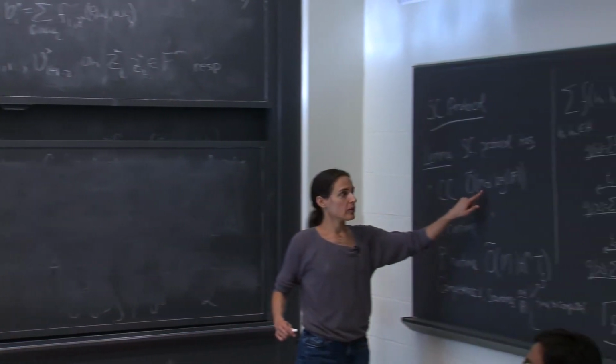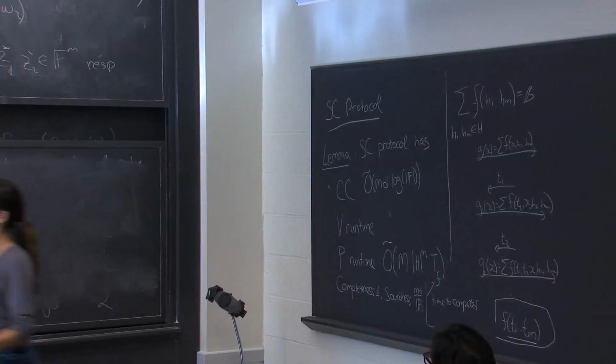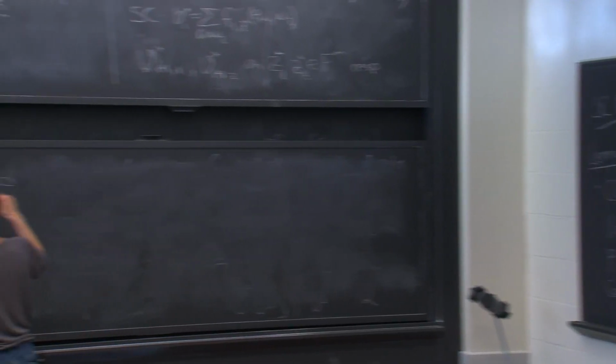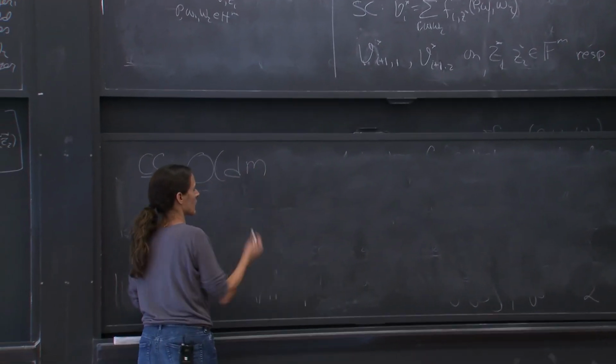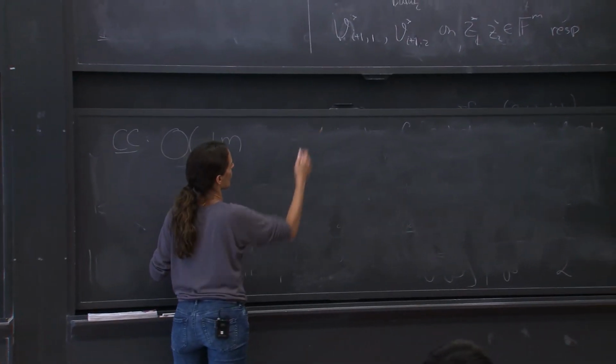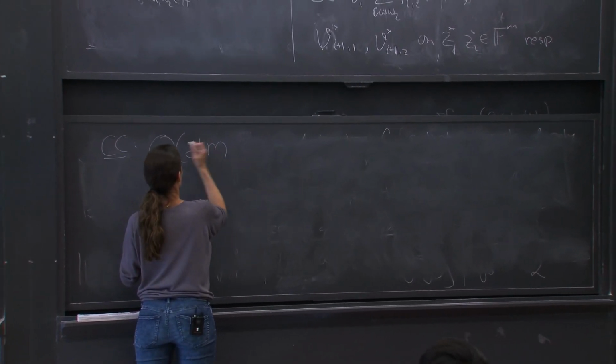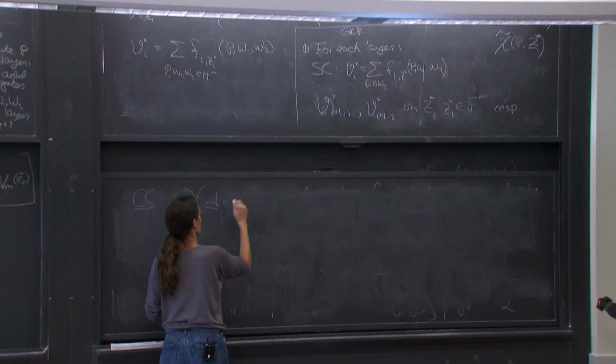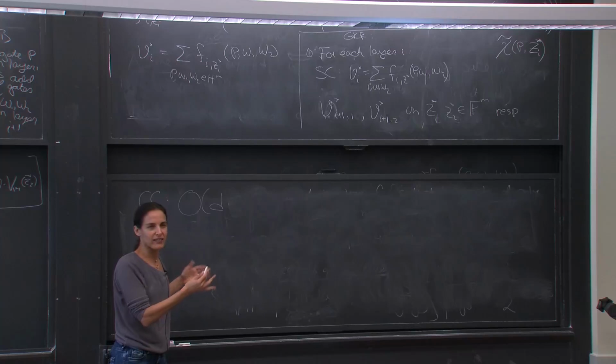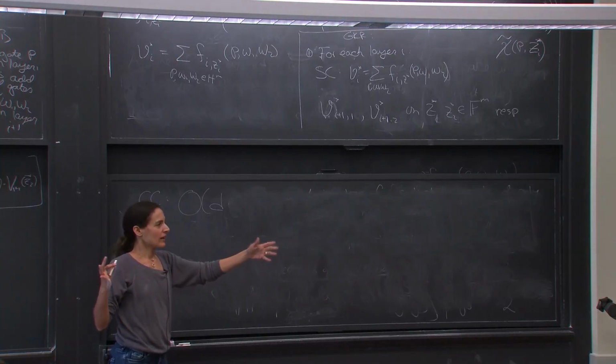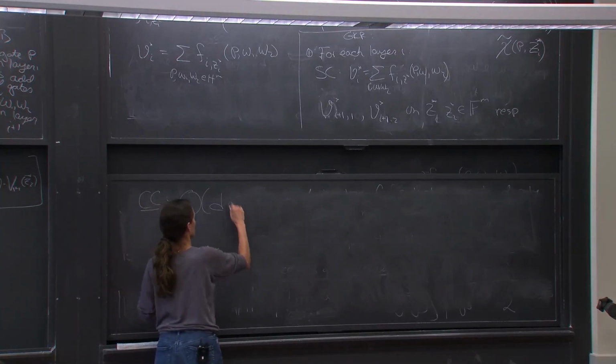Number of variables, degree, and log f. The number of variables is 3m, order m. The degree is h minus 1. The number of variables is like log s over log log s. The degree is log s, so everything is poly log s.